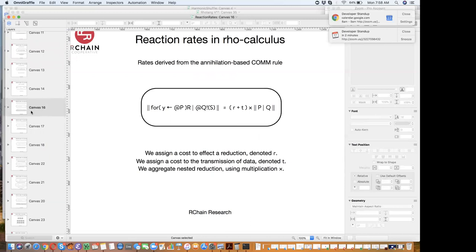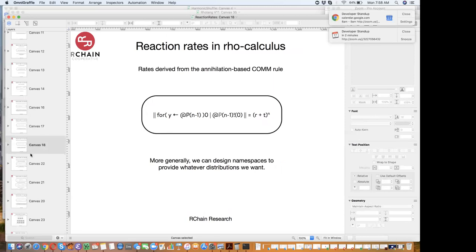So in 3 equations, I've now given a notion of rate, which allows us to design namespaces, which will give us whatever distributions we want. So that was the other inspiration for this approach.